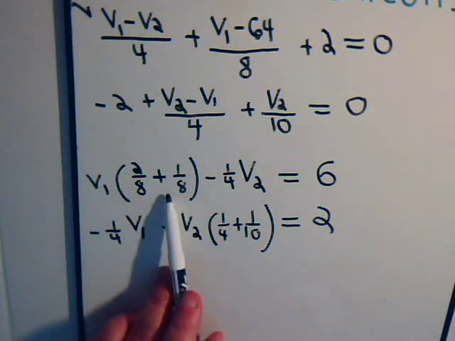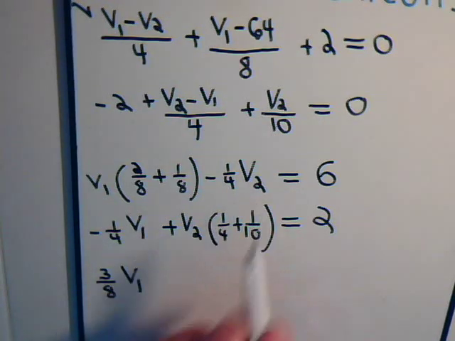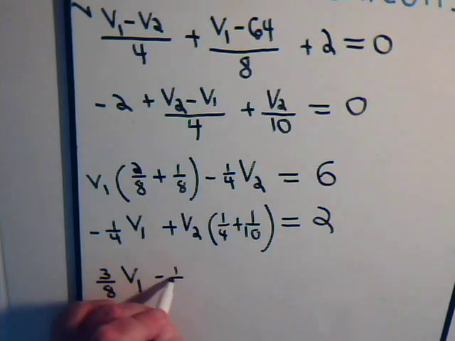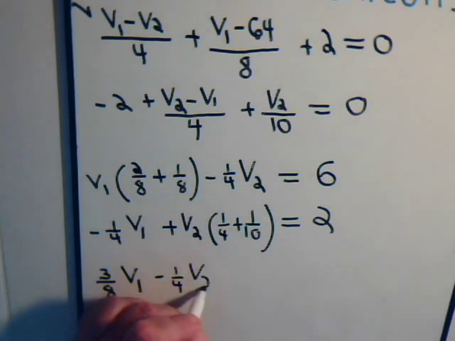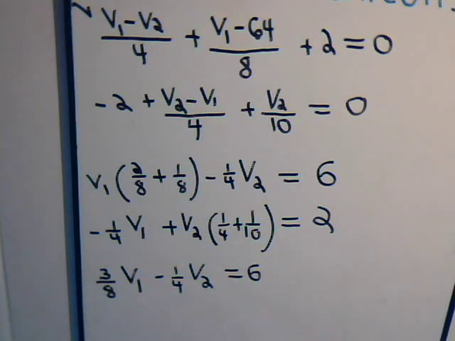So here we have 3/8 times V1 minus 1/4 times V2 equals 6.